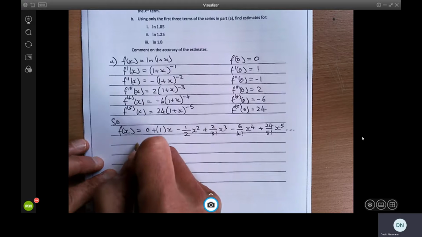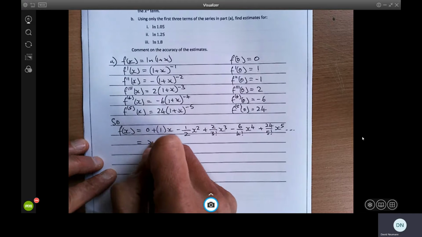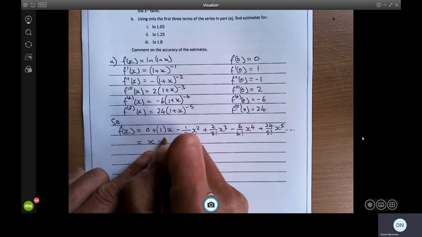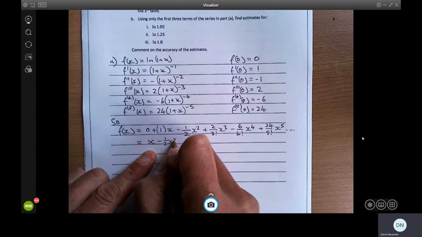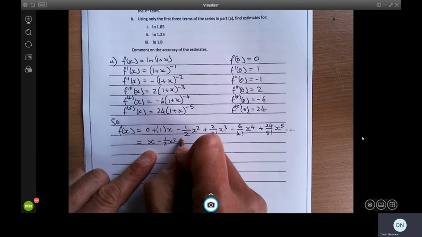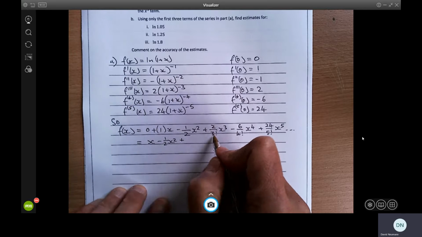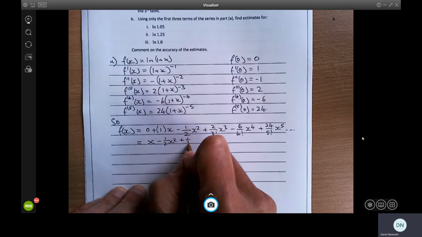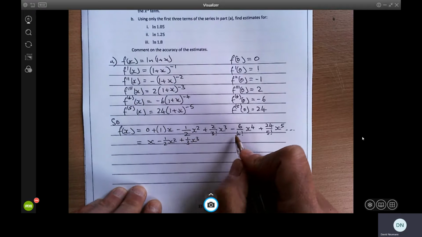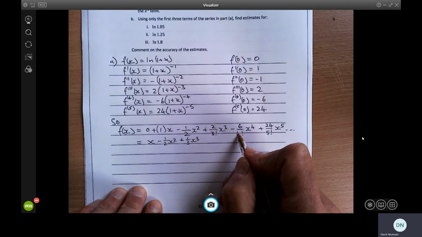Let's just simplify those. So that's equal to x minus a half x squared plus a third x cubed. So this is 2 over 3 factorial, which is 6, a third x cubed, minus 6 over 4 factorial, which is 24.